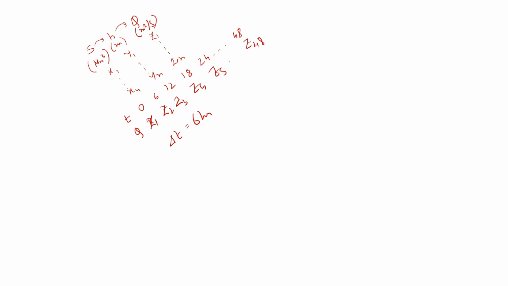and this will be converted into seconds by multiplying 3600. Why do we do it? Because Q is in meter cube per second, so it is better to have the incremental time in seconds also.